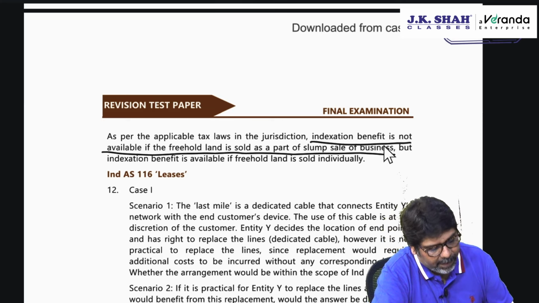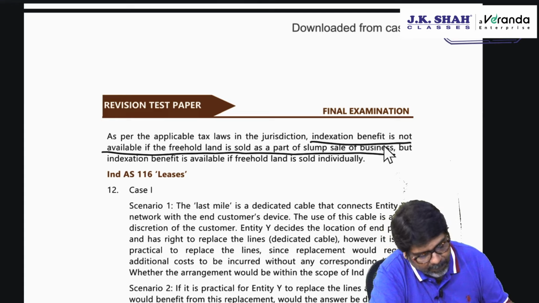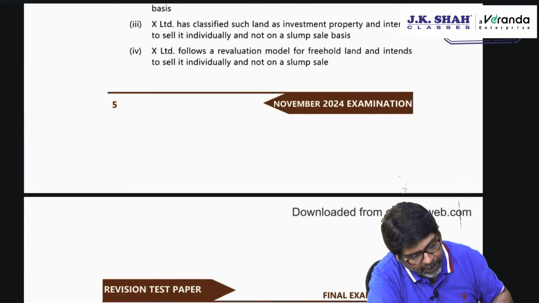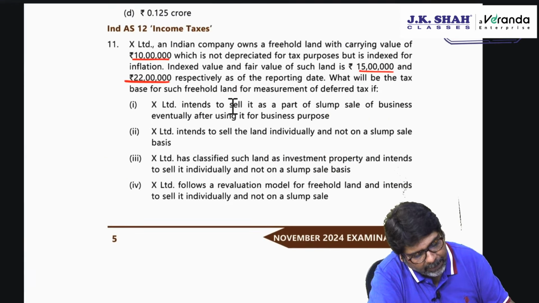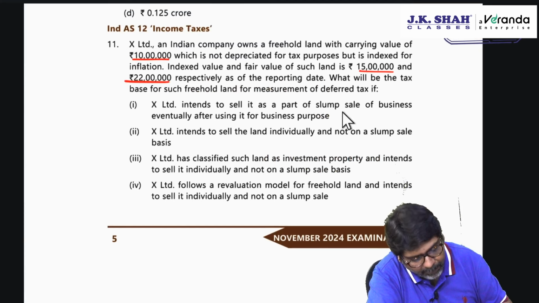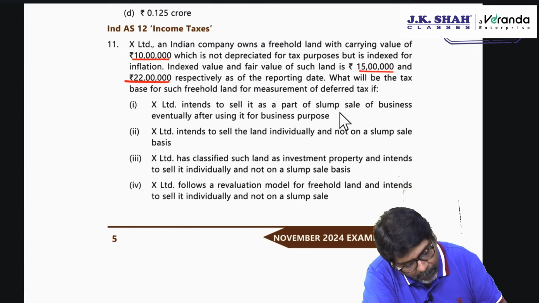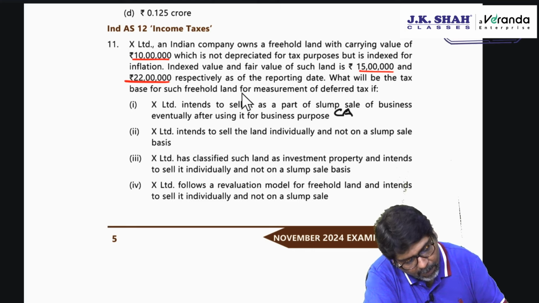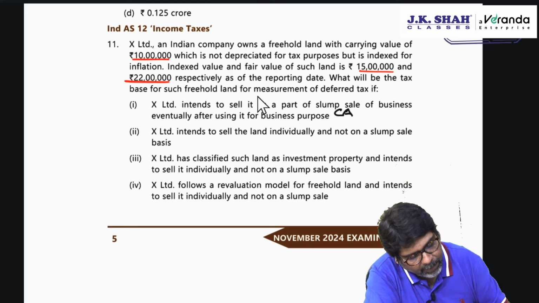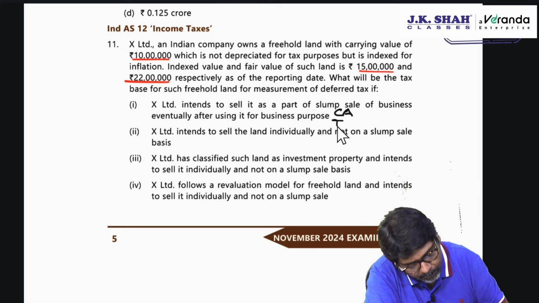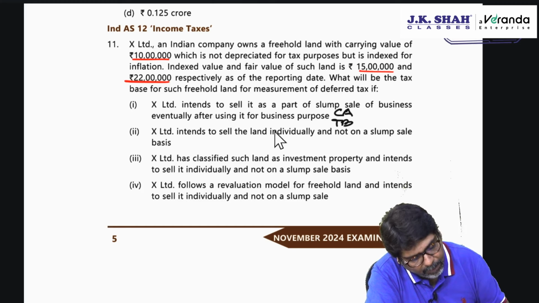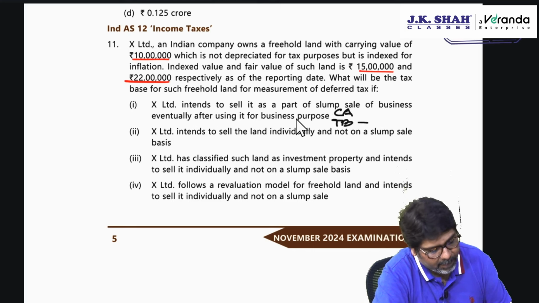But indexation benefit is available if the freehold land is sold individually. If X intends to sell it as a part of slump sale, carrying amount, what will be the tax base for such freehold land? Carrying amount, I don't know. X Limited intends to sell it as a part of slump sale. So tax base is 0 after using it for business purpose.